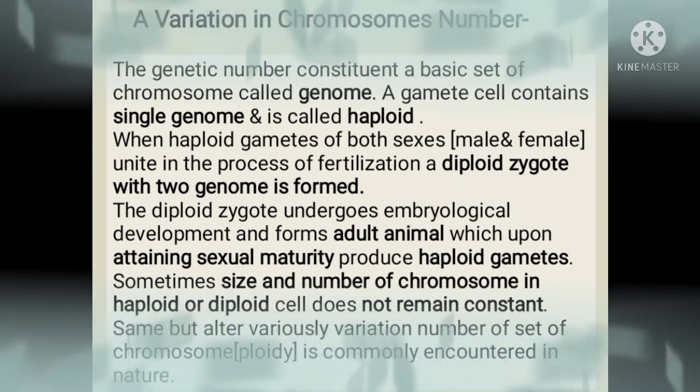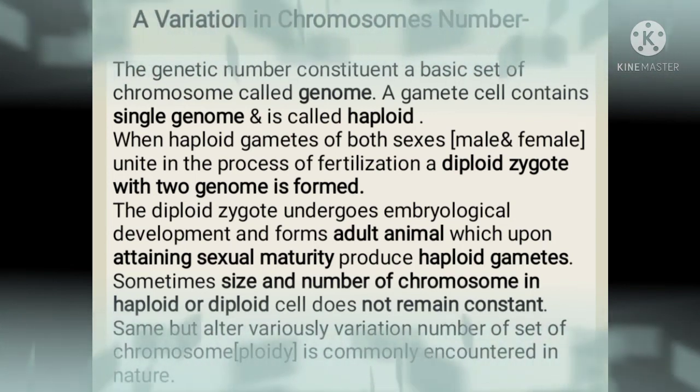Variation in chromosome numbers. The genetic constituent, a basic set of chromosomes, is called a genome. A gamete cell contains a single genome and is called haploid. When haploid gametes of both sexes unite in the process of fertilization, a diploid zygote with two genomes is formed.